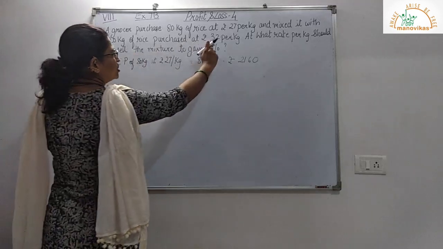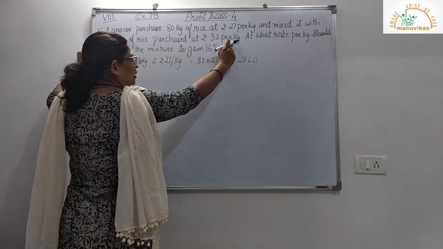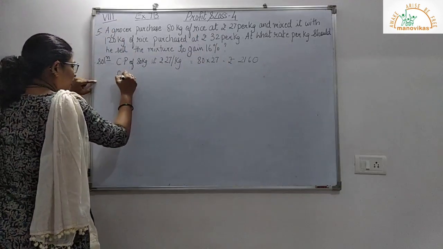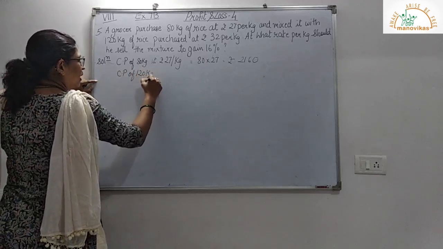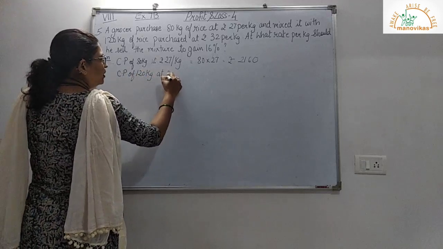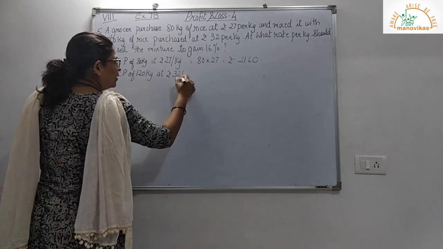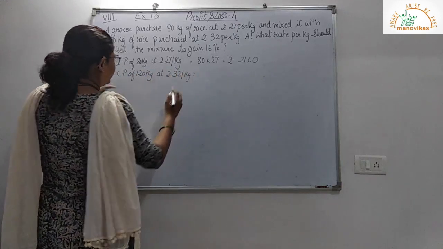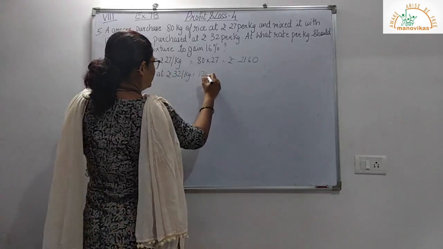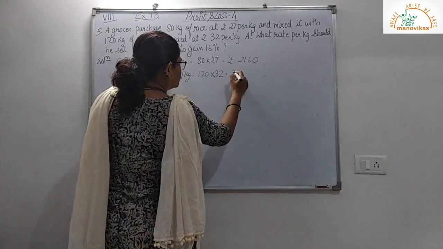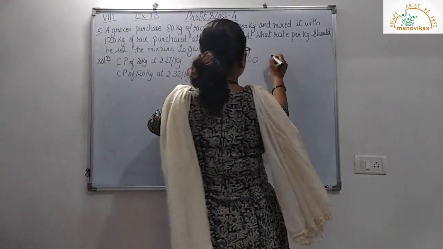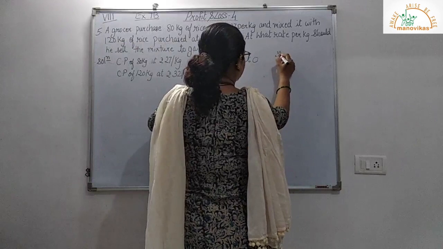Now again we find the cost price of 120 kg rice, which was purchased at 32 per kg. So cost price of 120 kg at rupees 32 per kg. So we get it as 120 into 32, which comes to, now here 32 into 12 we multiply.